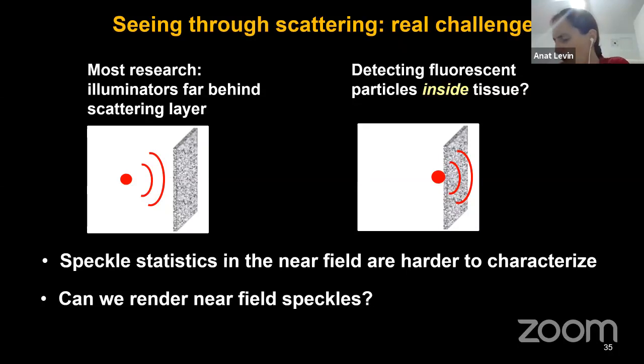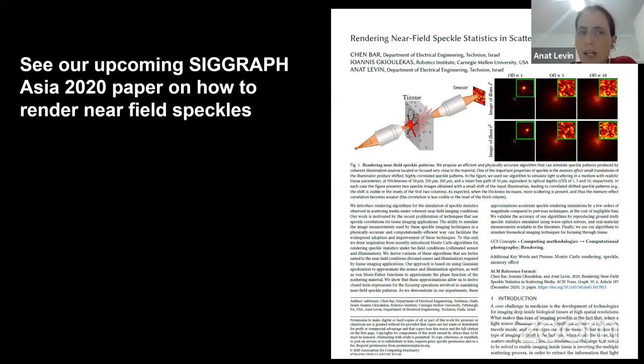All you need to do is a Fourier transform on your speckles. But despite being conceptually simple, translating it into a computational algorithm actually involves some challenge. We have a new upcoming paper on how to render statistics of speckles in the near field, which will be presented at SIGGRAPH Asia in a few months.